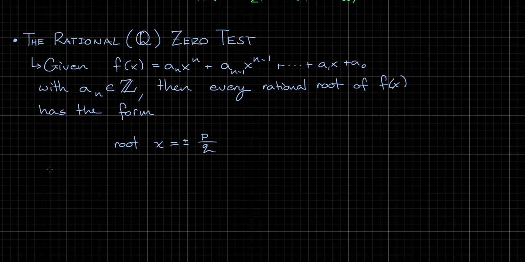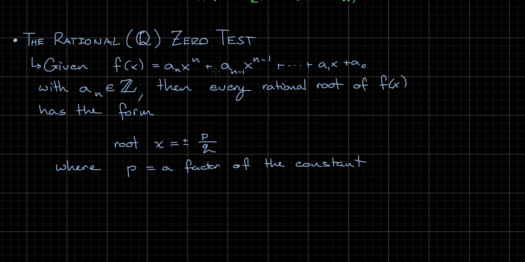Hey, that's the question I'm looking for. That's an important part, right? Where p is equal to a factor of the constant term, which in this big ugly polynomial, which one's just a number with no x's connected?